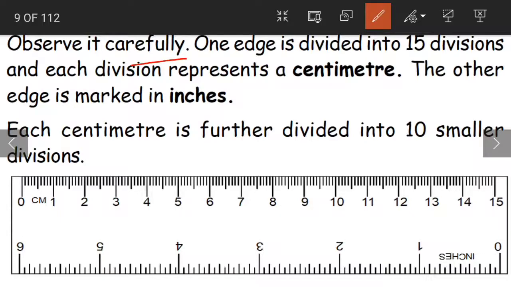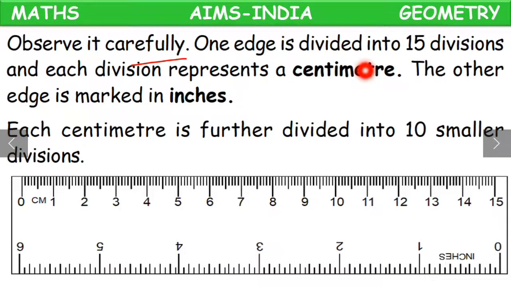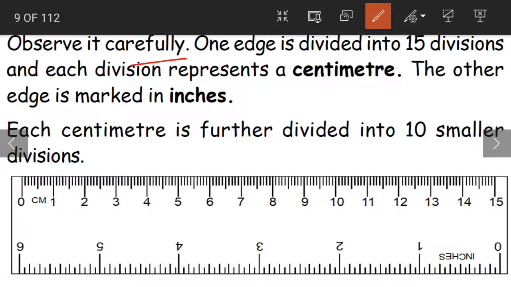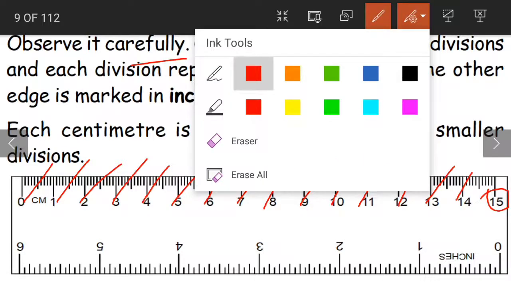Okay. Now observe it carefully. One edge is divided into 15 divisions and each division represents a centimeter. If you look at the normal scale, the short scale that we have in our geometry box, it is divided into 15 divisions. How many? See, 15. 1, 2, 3, 4, 5, 6, 7, 8, 9, 10, 11, 12, 13, 14, 15 divisions.